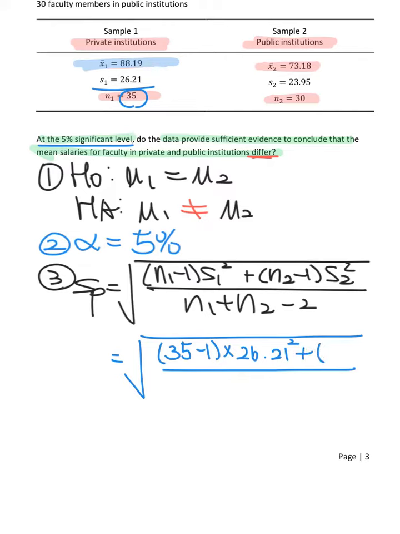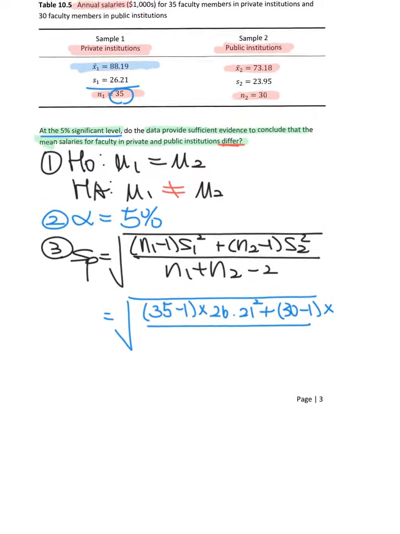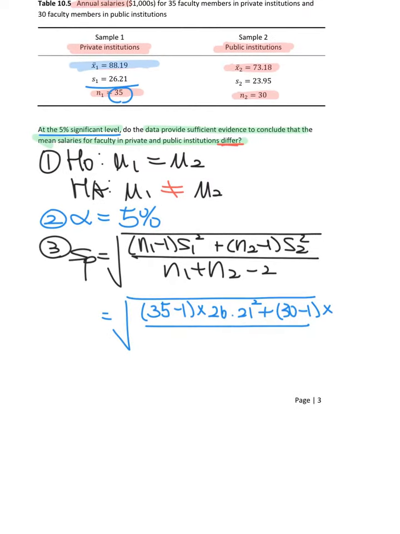How many n2? 30, minus 1. Can you see s2? What is s2? 23.95, square. And then 35 plus 30 minus 2.